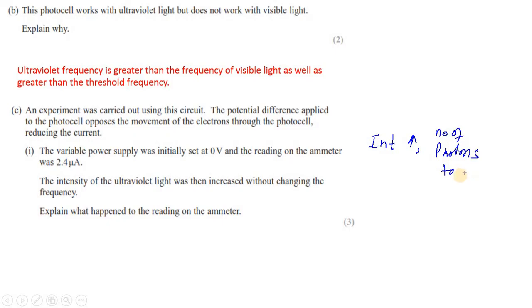So more photons hitting the surface will collide with more electrons, so the number of electrons emitted from the surface increases. So that means the overall effect is that current is increased. So increasing intensity, more photons, more electrons, so current increases.